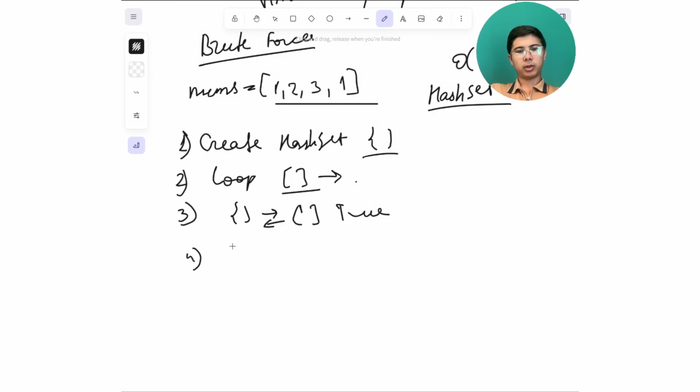Fourth, otherwise, if the element is not inside the set, we add it from the list to the hash set. And finally, if the loop finishes without finding a duplicate, we return false.